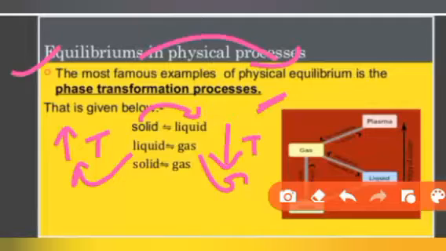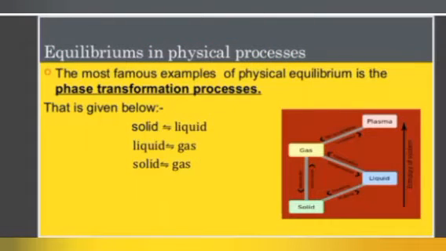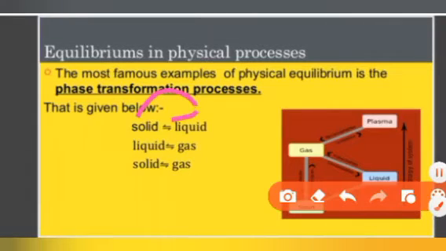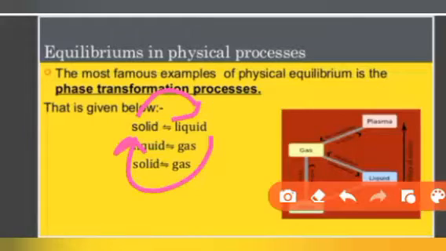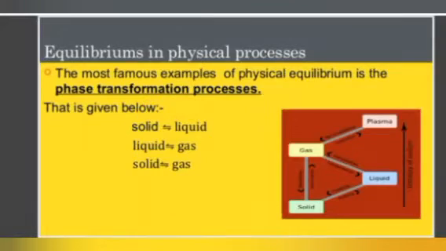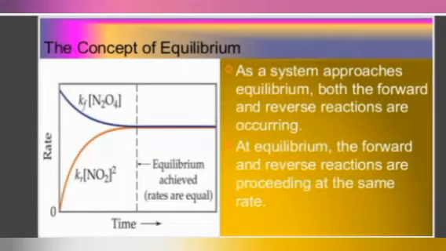And solid will change into gas, and gas will change into solid also by decreasing the temperature. Solid changing into liquid is called melting, and liquid changing into solid is called freezing. Liquid changing into gas is called evaporation, and gas changing into liquid is called condensation. These are some basic terms that we need to understand.